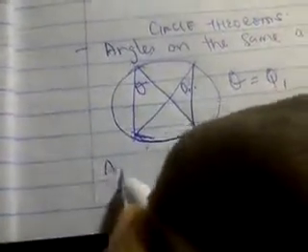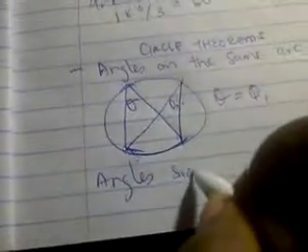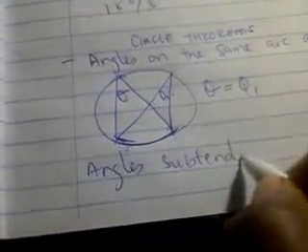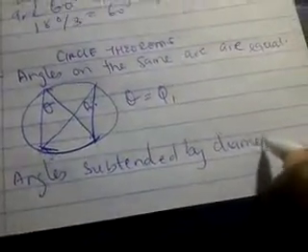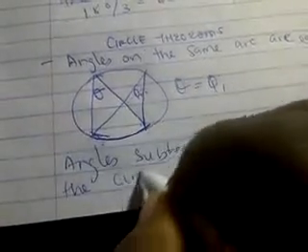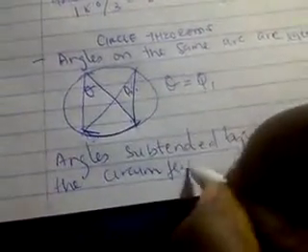Now another rule is that angles subtended by a diameter at the circumference equal 90 degrees.